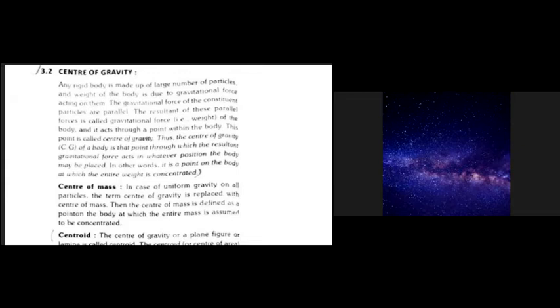That point we can term the center of gravity of the body. So the center of gravity of a body is a point on the body through which the total weight of the body is concentrated.